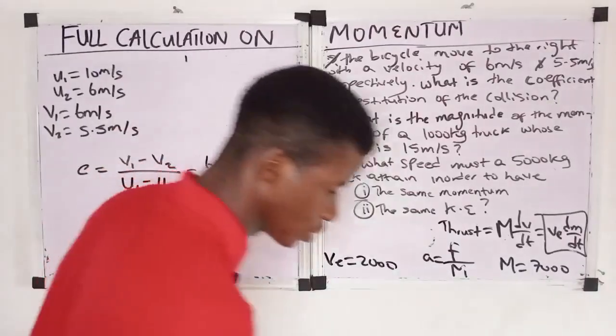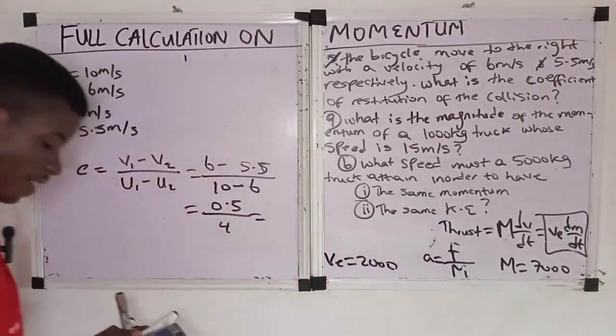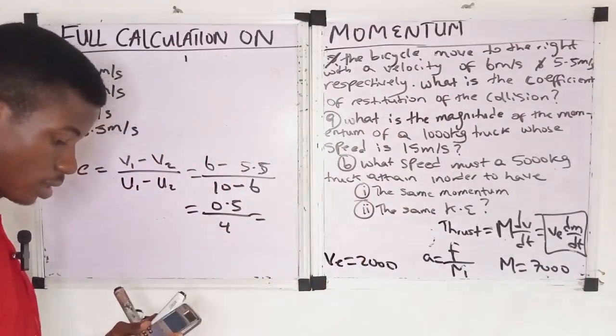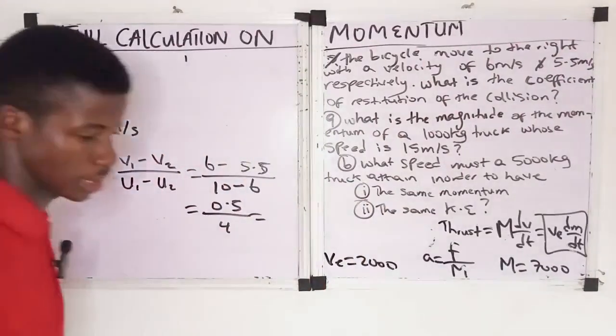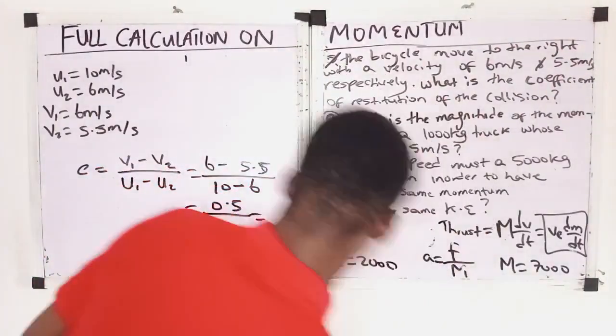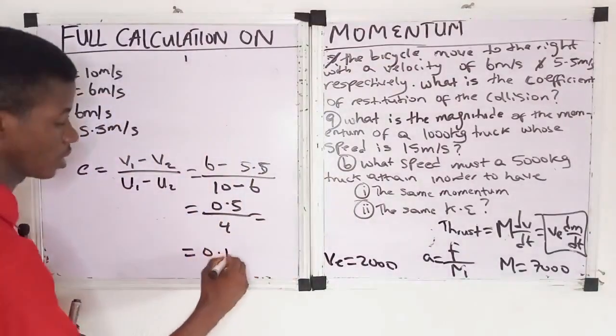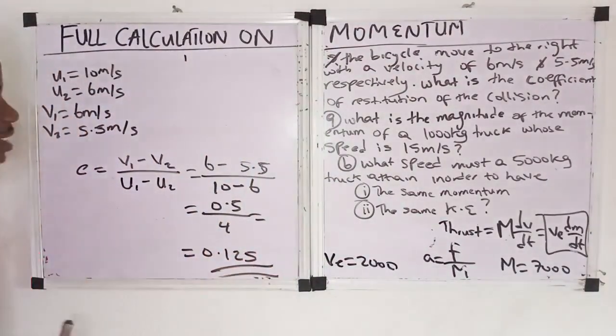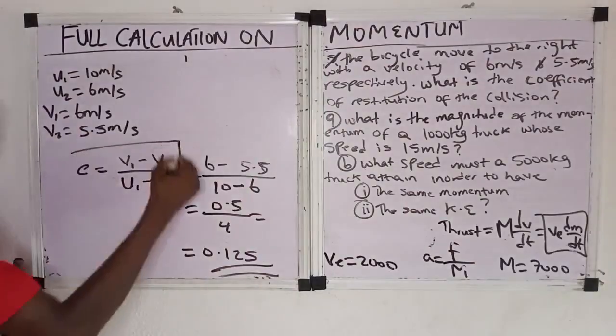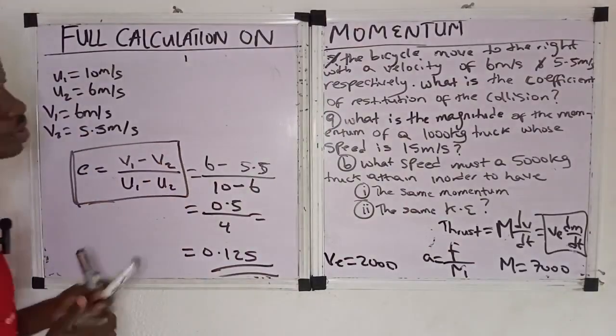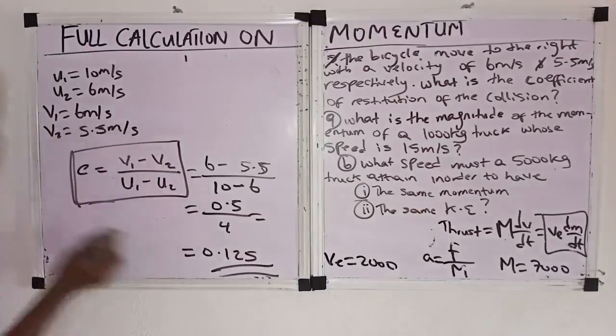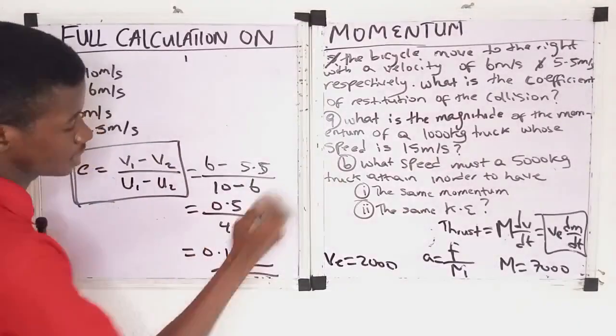If you divide, 0.5 divided by 4 is 0.125. So the answer is 0.125. It's very easy. This is the formula for calculating the coefficient of restitution. Now let's go to the next question, which is question 9.